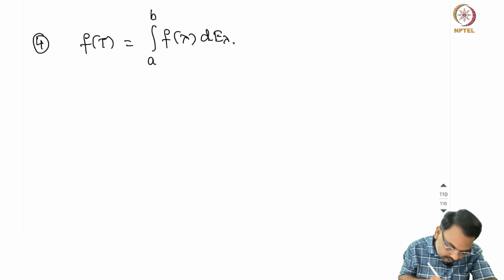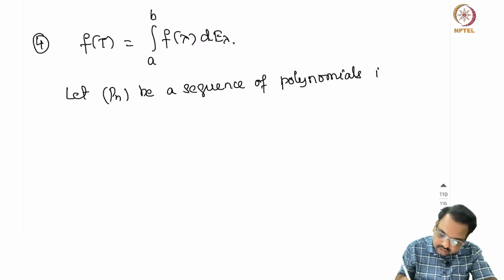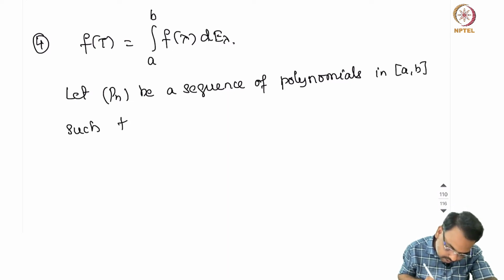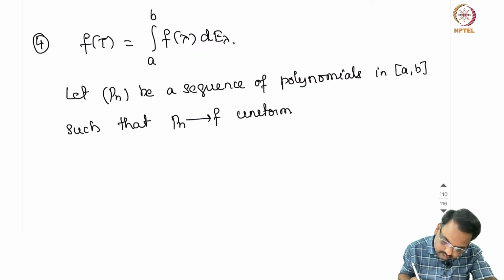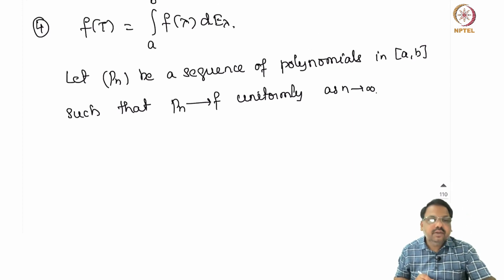To prove this, let Pn be a sequence of polynomials in [a, b] such that Pn converges to f uniformly as n tends to infinity.